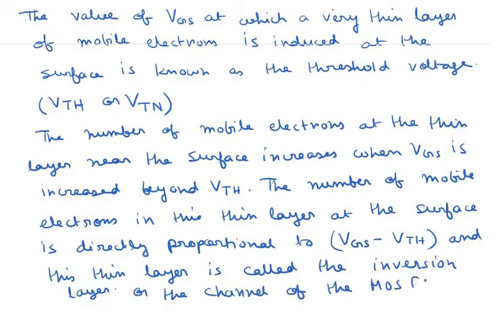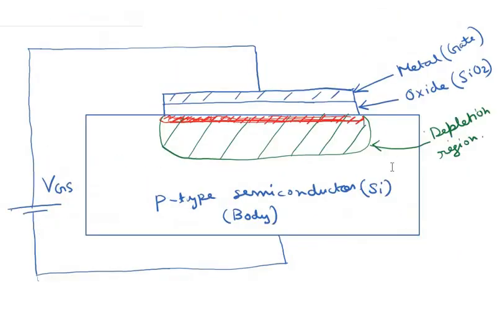So this thin layer of induced electrons is known as the inversion layer or the channel of the MOSFET, and the number of electrons in the inversion layer basically increases with increasing VGS beyond VTH.